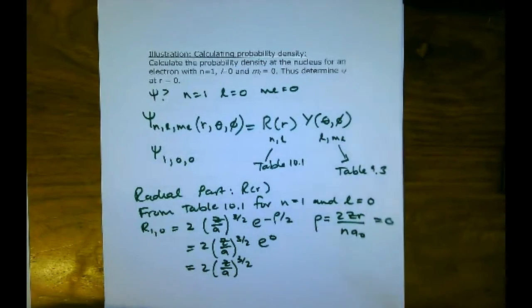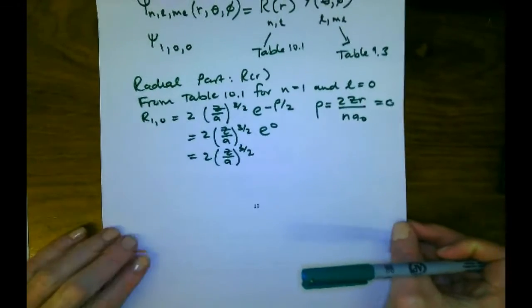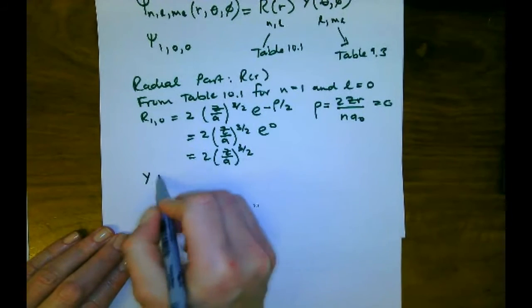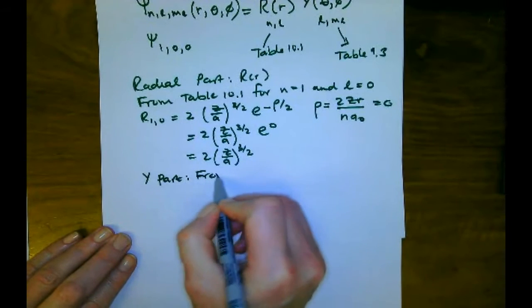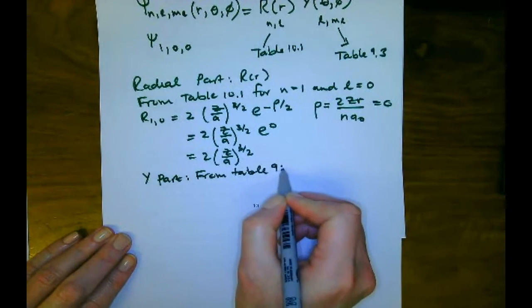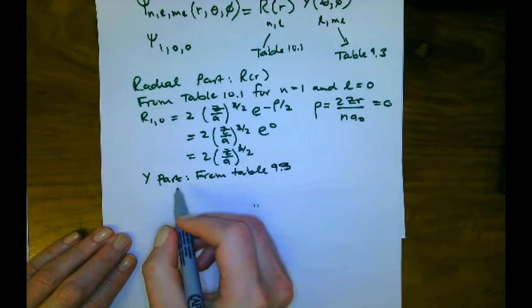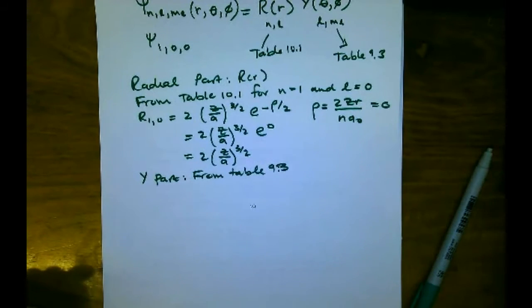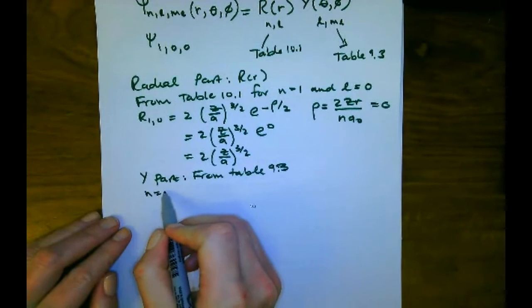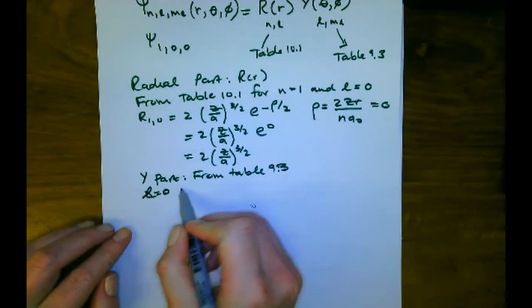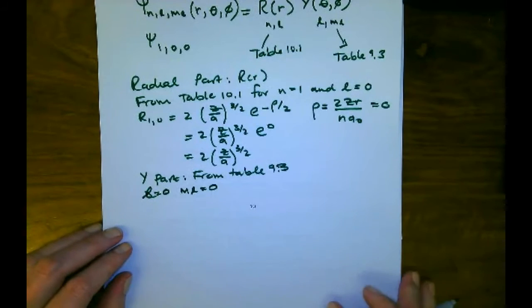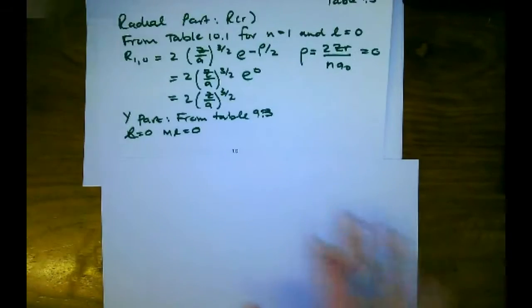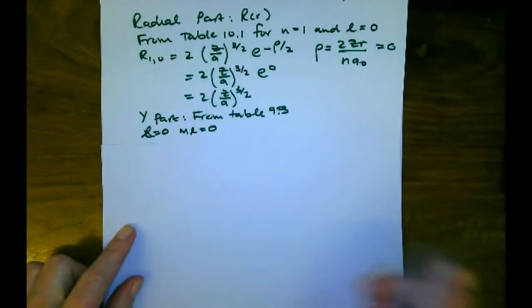Then secondly, for the angular part, from table 9.3, with L equal to 0, ml equal to 0, we find the following wave function, or angular wave function, or spherical harmonics.